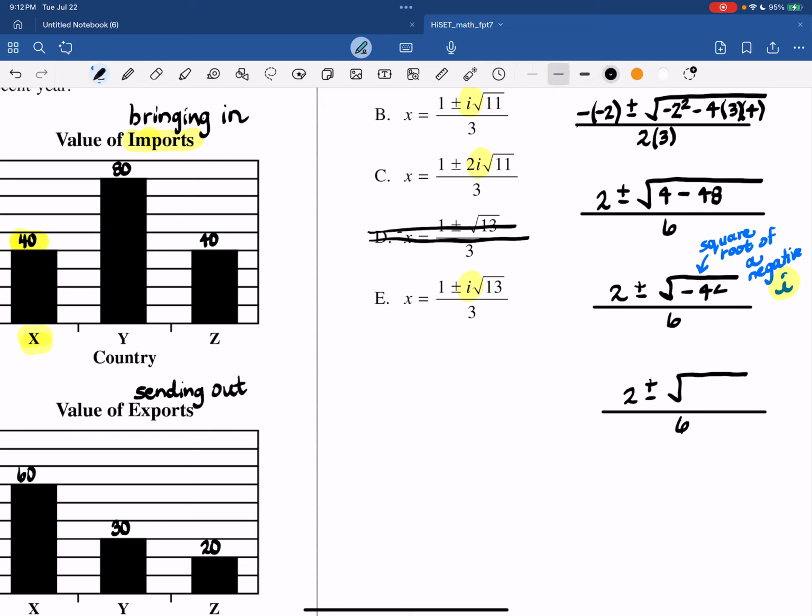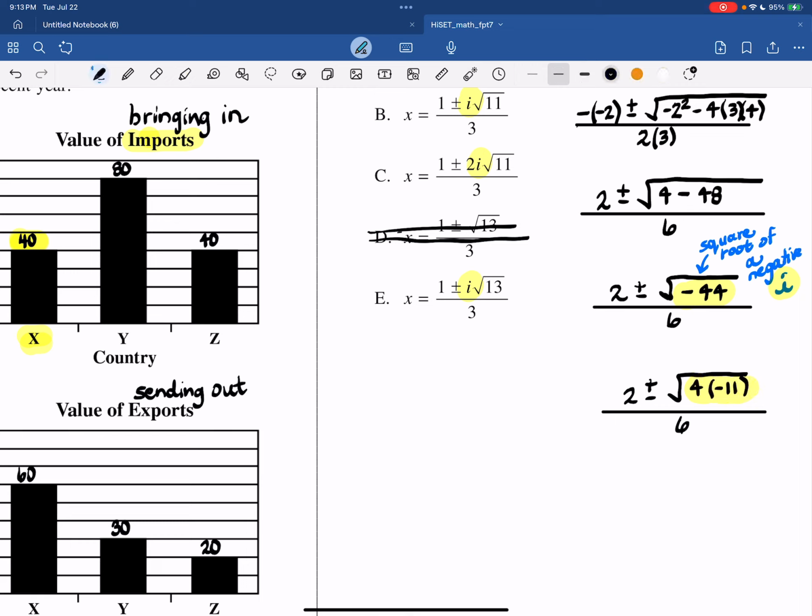That's 44. 4 minus 48 is negative 44. I'm sorry about that. Negative 44 is going to be the same as 4 times negative 11. Right? 4 times 11 is 44, and we're carrying that negative sign. So here's the negative 44. This is the same thing.